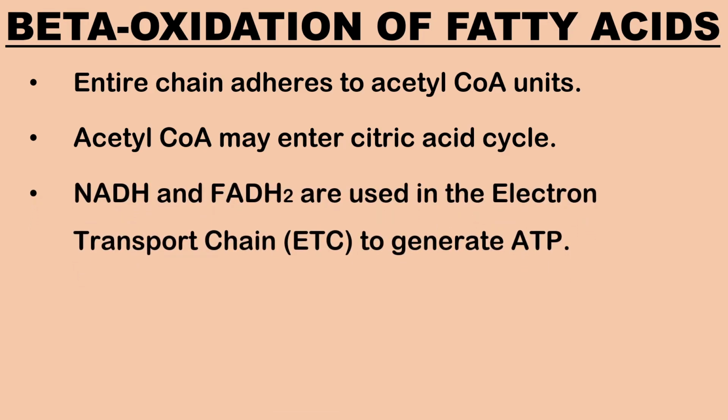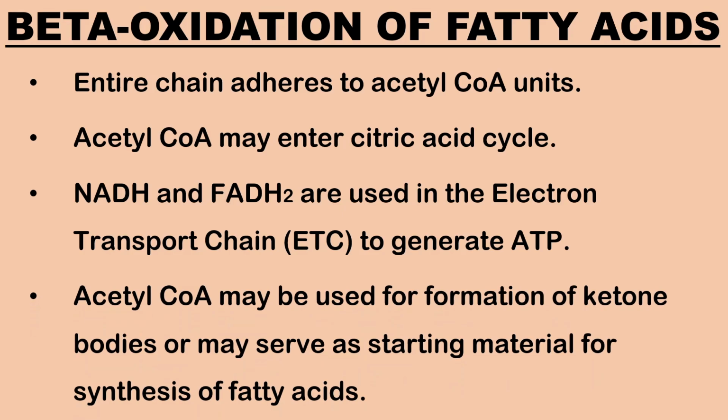NADH and FADH2, which are produced by both beta oxidation and the TCA cycle, are used in the electron transport chain, ETC, to generate ATP. Acetyl coenzyme A may be used for the formation of ketone bodies, or it may serve as the starting material for the synthesis of fatty acids.